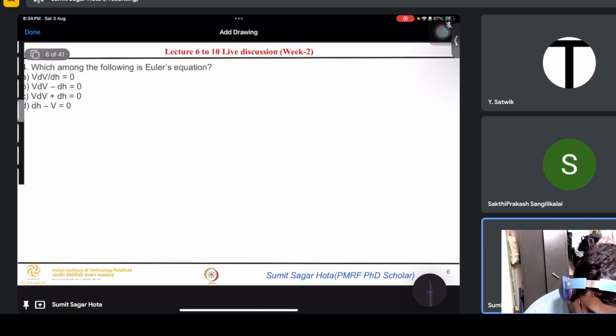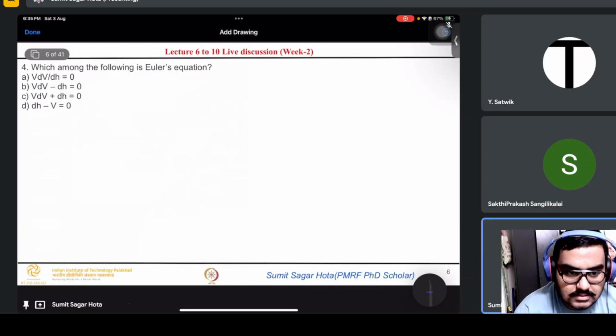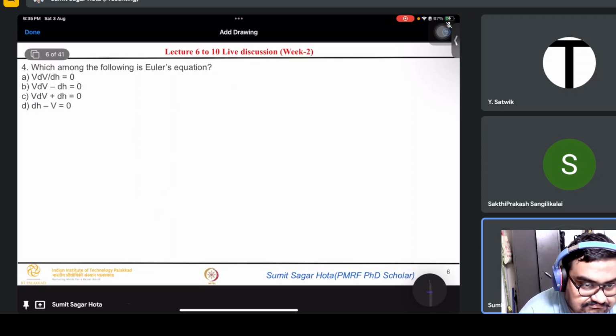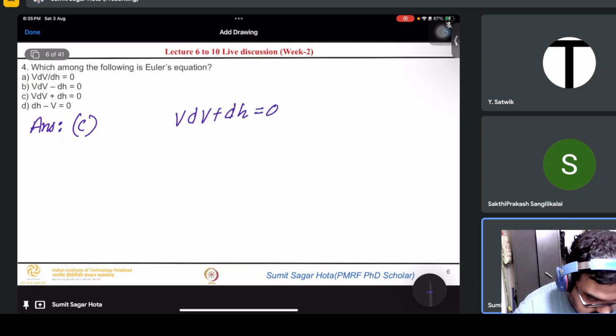So next one, which among the following is Euler's equation? Euler's equation is obviously a very simple equation: v dv plus dh equal to 0.